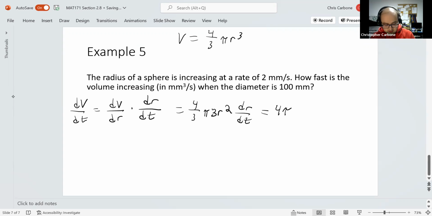So 4 times pi times 1/2 of 100, since 100 is the diameter, squared, times 2. This gives us 20,000 pi cubic millimeters per second.